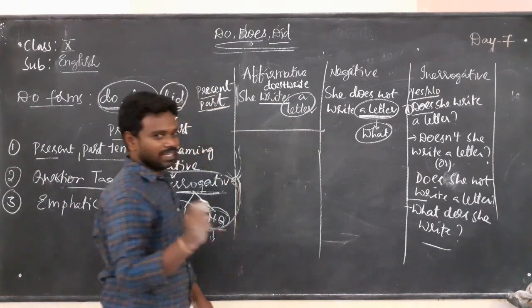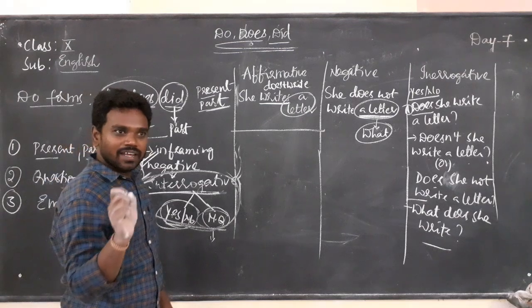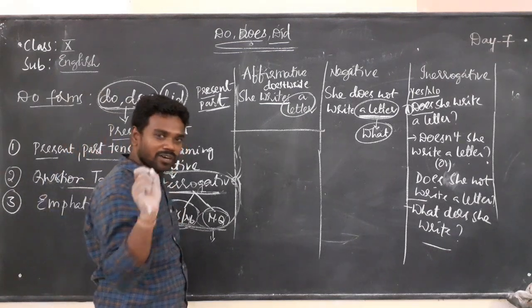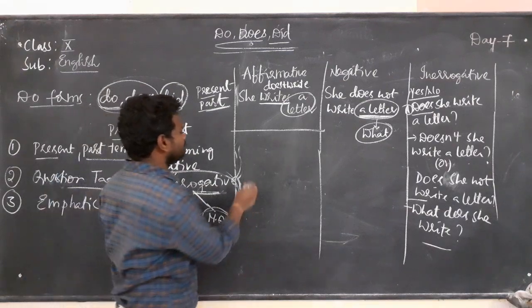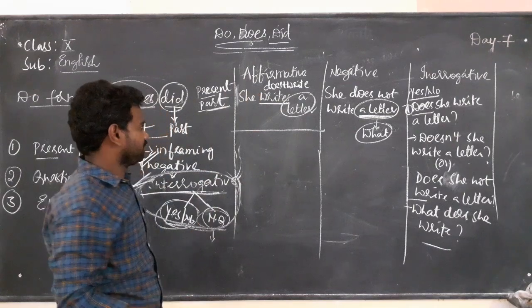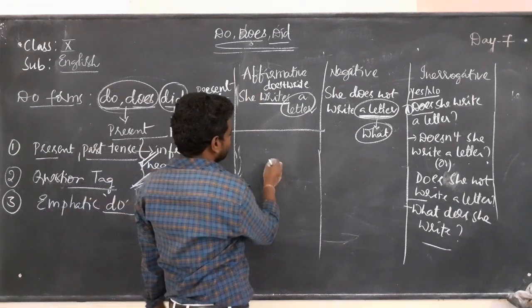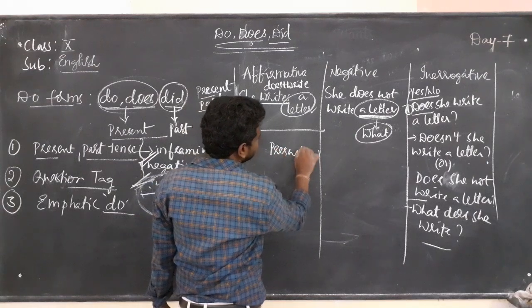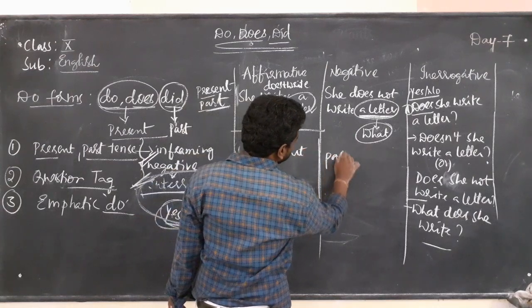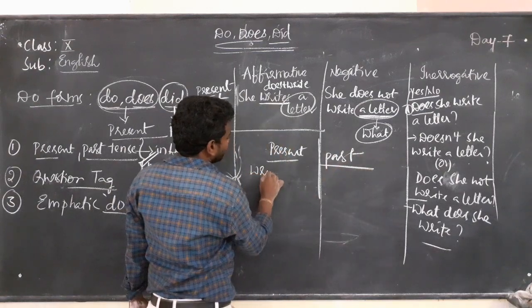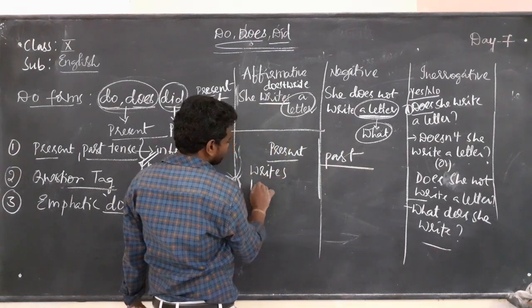We have seen different forms of a verb. Here, do, does, did, especially present and past forms. The present form, I told you, is writes or write.